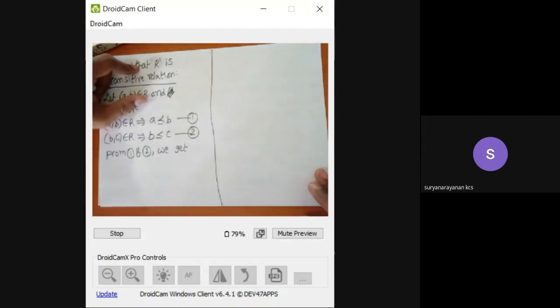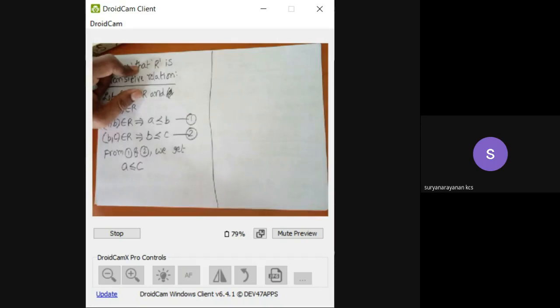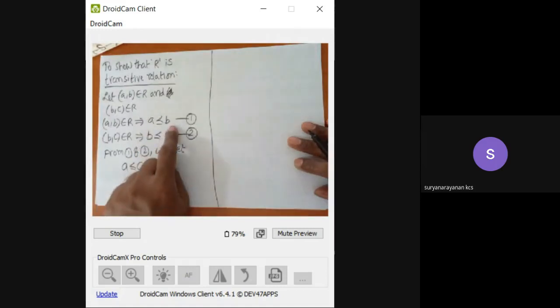From 1 and 2, we get A is less than or equal to C. Yes, we can write. We get A less than or equal to C.